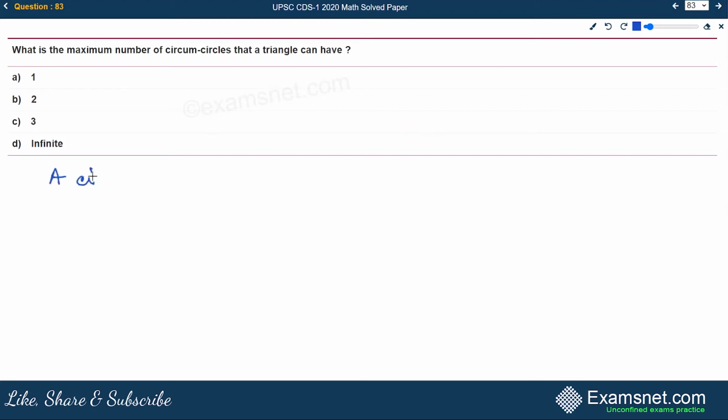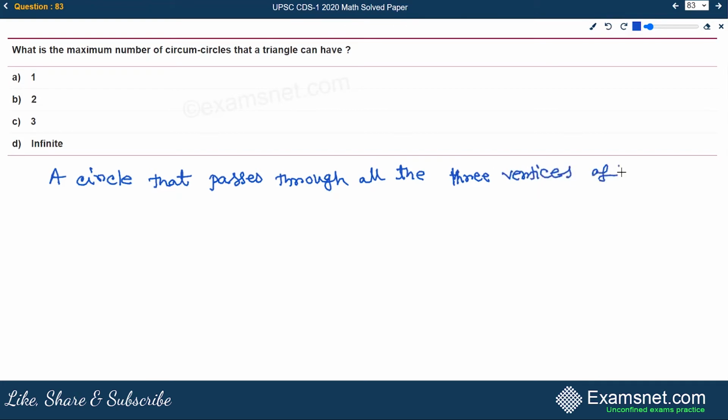A circle that passes through all the vertices, all 3 vertices of the triangle, is known as the circumcircle of the triangle.